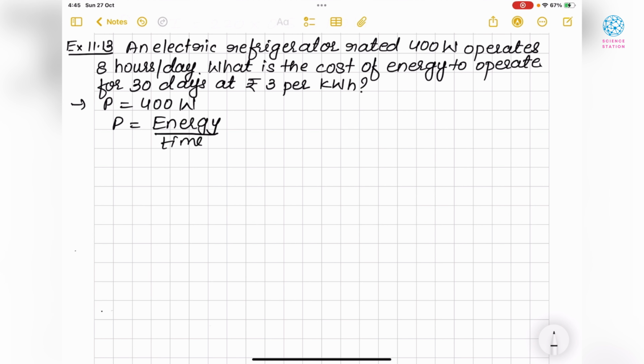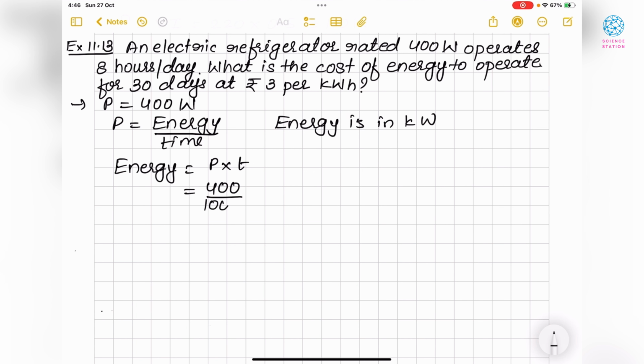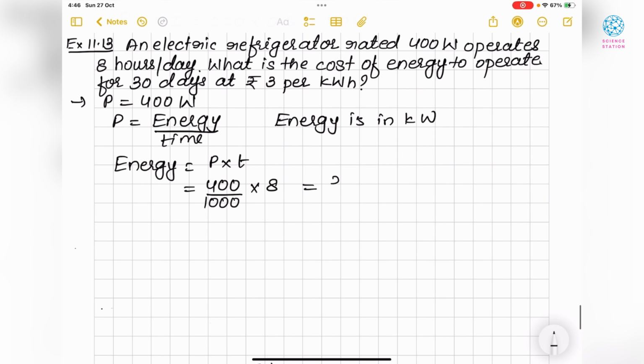So energy in kilowatt hour will be equal to P into T. So that is 400 upon 1000 into 8, because I have converted it into kilowatt. So that will be equal to 3.2 kilowatt hour per day.